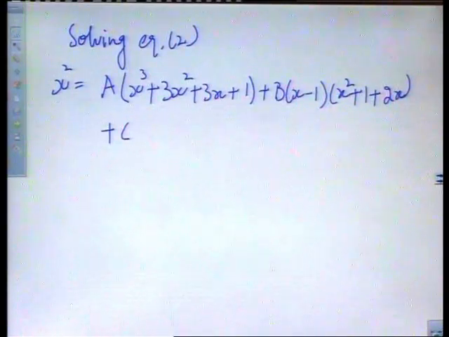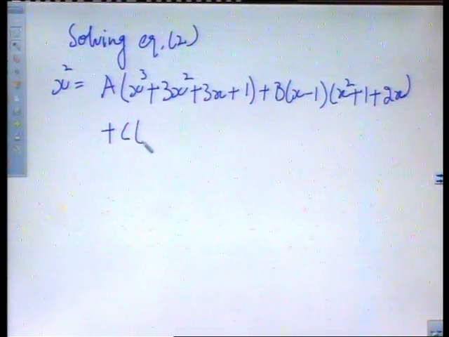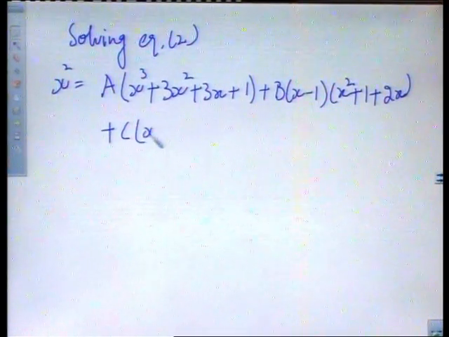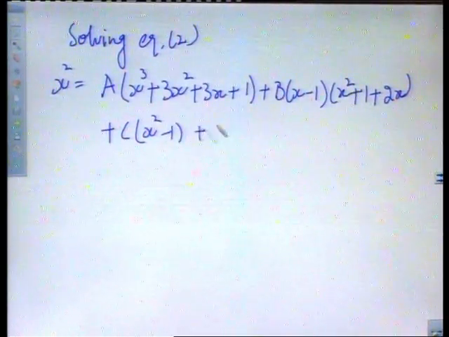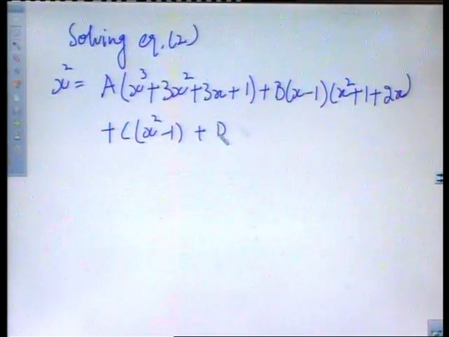We will apply the formula a plus b into a minus b, that is a square minus b square, that is x square minus 1, and the D as such x minus 1.